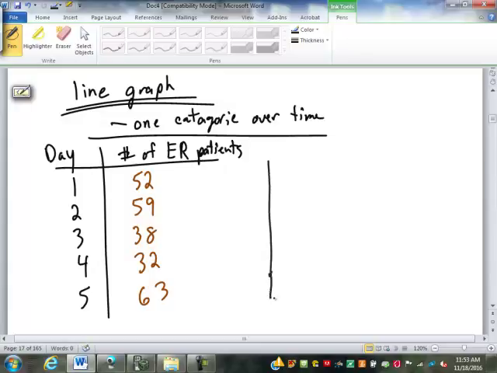So for a line graph, our time always goes across the bottom, our time progression. So day 1, 2, 3, 4, and 5 go across the bottom. So then our other number has to go up the left side.